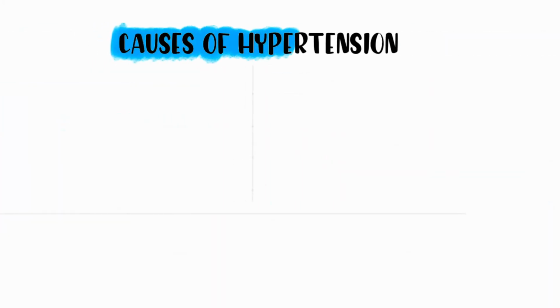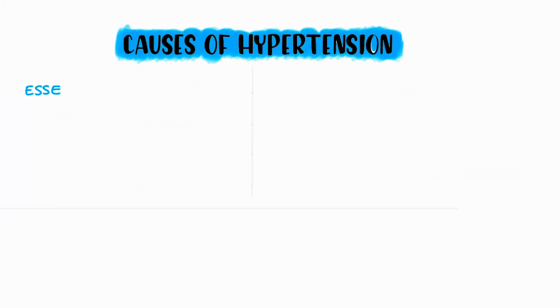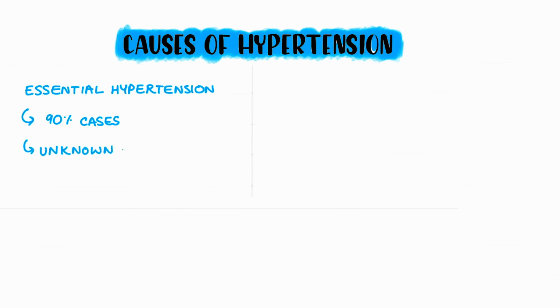There are two main causes of hypertension. Firstly, essential hypertension is common, in over 90% of cases. This means that there's an unknown or unmodifiable cause for an individual's hypertension. Therefore, this is usually due to a huge range of factors rather than a specific cause.